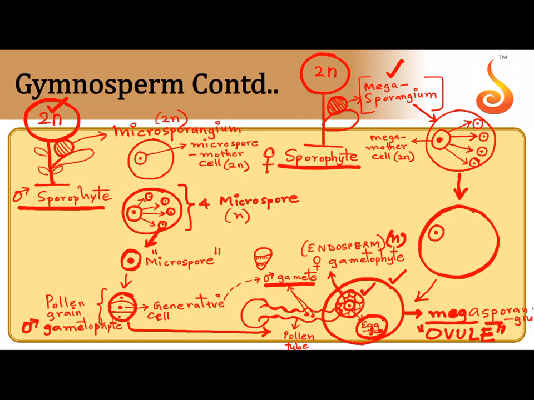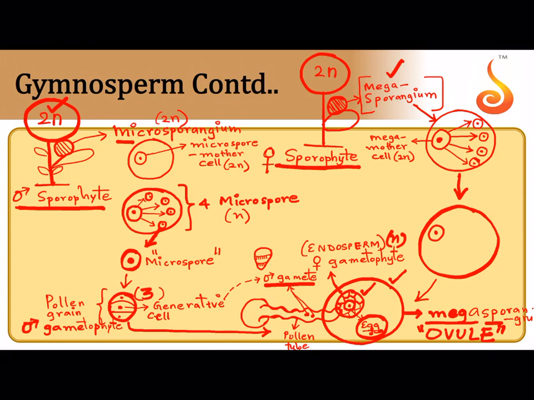It is so reduced in the sense, how many cells does it have? Only 3 cells. So which phase is reduced over here? Gametophyte phase is reduced. And that's why it is referred to as what? Diplontic life cycle.